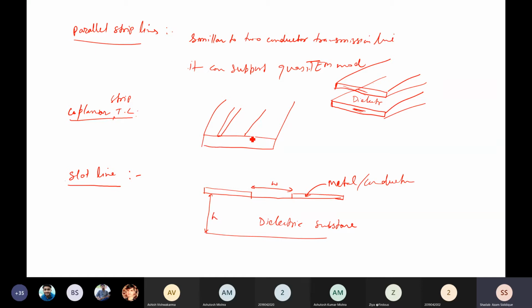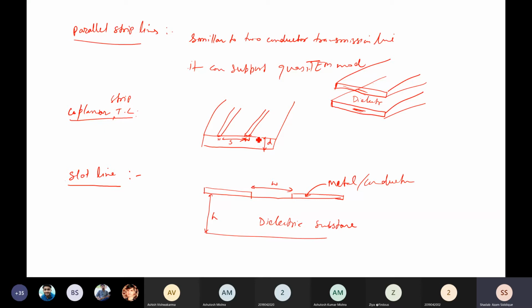There will be two strips on the top, and each strip has width W. The space in between is S, and the thickness is called D, or you can represent it as H also.